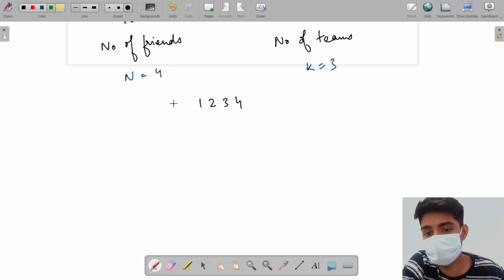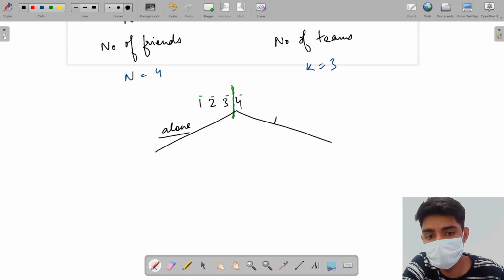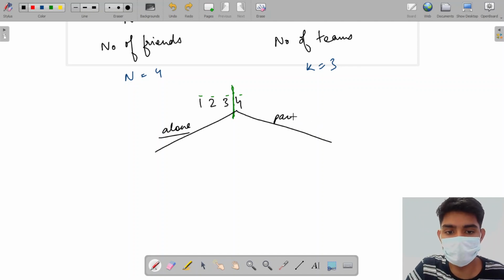We are going to do this for every single friend. So let's isolate 4 first and see what we are going to do with 4. 4 can either go alone, or it can team up with someone.